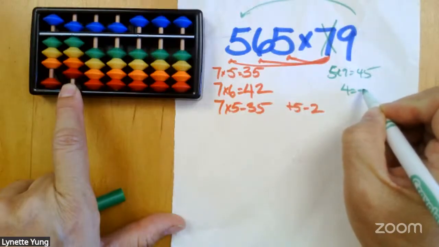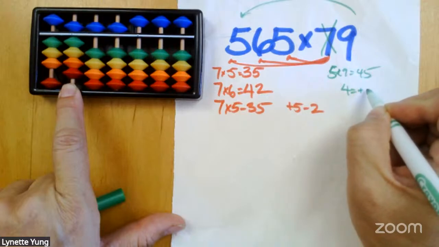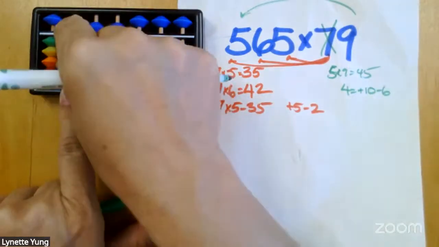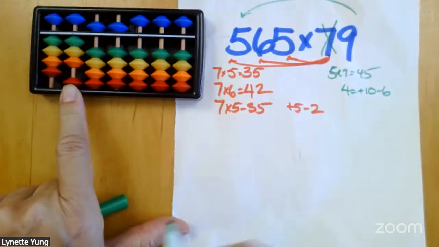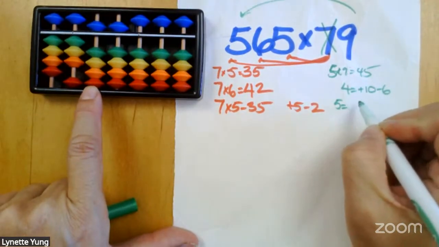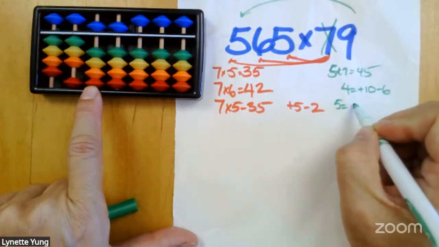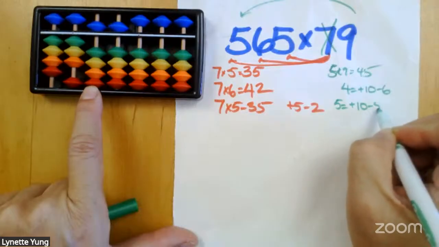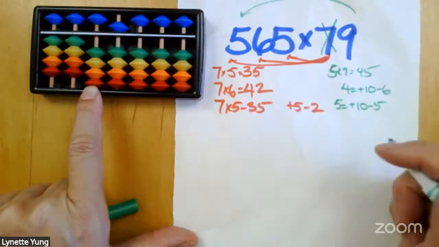So plus the 4 is plus the 10 minus the 6. But then we still have to add the 5. Okay. And so adding the 5 is plus the 10 minus the 5. Okay.